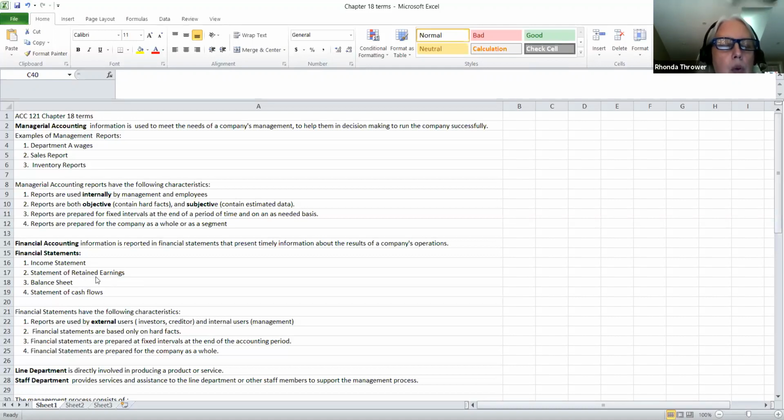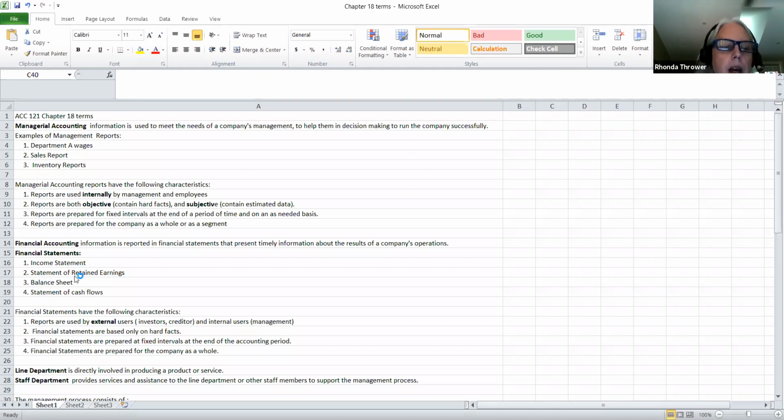The retained earnings statement is for a corporate form of business, and the corporate form of business is discussed in ACC 122 that's offered in the summertime. Some of you may have taken ACC 122, some of you may not have taken it. If you have taken ACC 122, you are familiar with these types of financial statements.